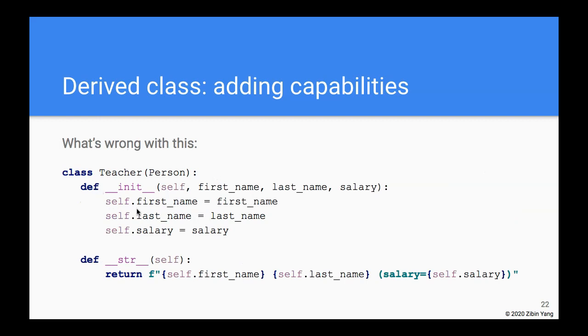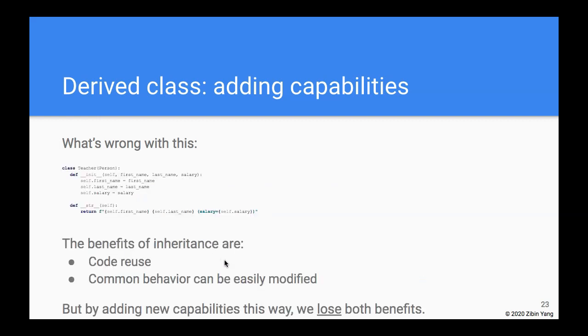However, if you look at this definition of teacher, what's the problem with it? Well, remember what we said about the benefit of inheritance. It's code reuse, right? And also common behavior can easily be modified. However, by copy, pasting, and doing slight modification to the base class's method, we kind of defeat the purpose of both, right?